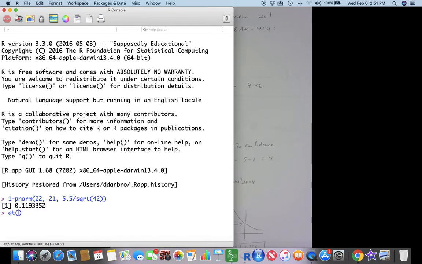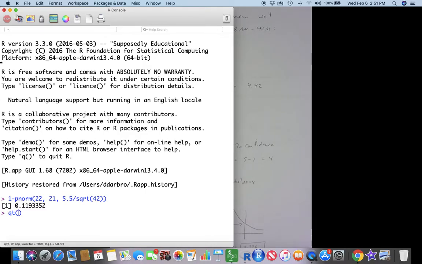I also want to use the T distribution instead of the normal distribution. So I use T instead of norm, and instead of P, I use Q because I want to find a value from a distribution that has a certain percentage of the distribution below it. And I use T because it's a T distribution.